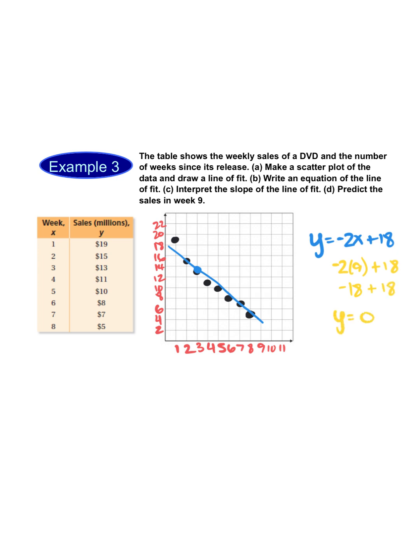So we're predicting that it's dropping all the way down to about 0 at week 9. Not the greatest prediction, but as long as we have our work shown, it is an estimation. So that's it.